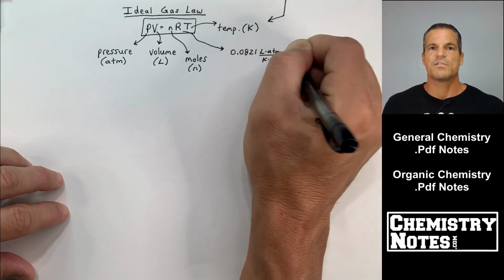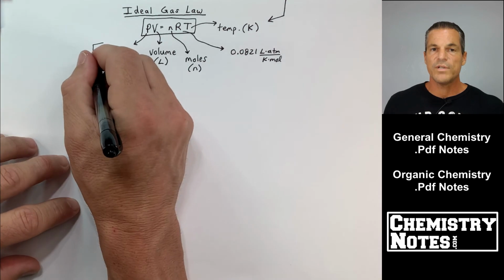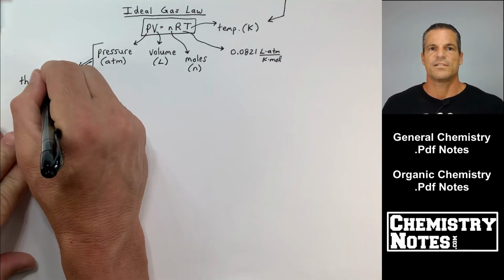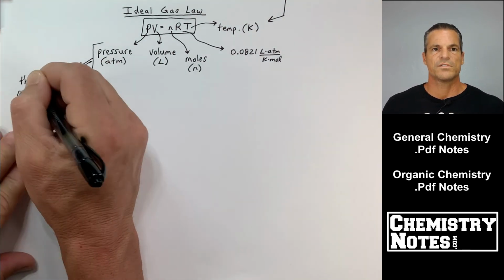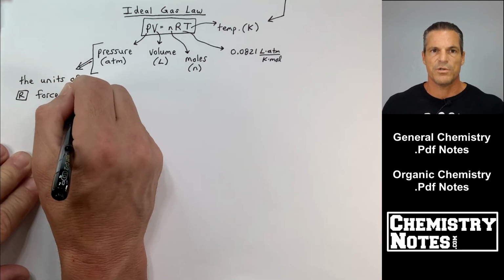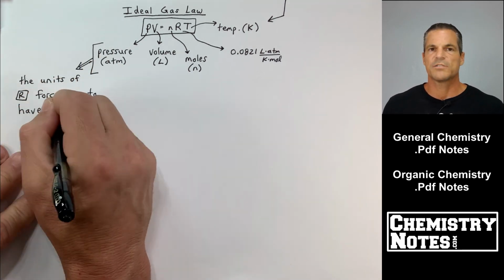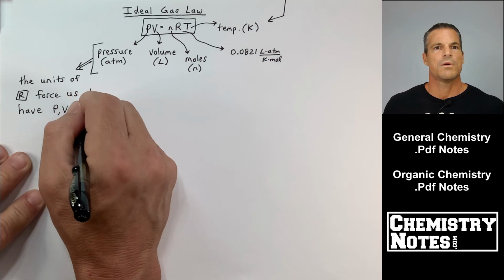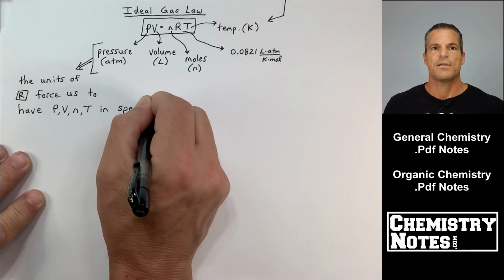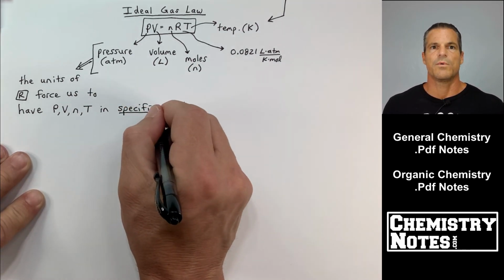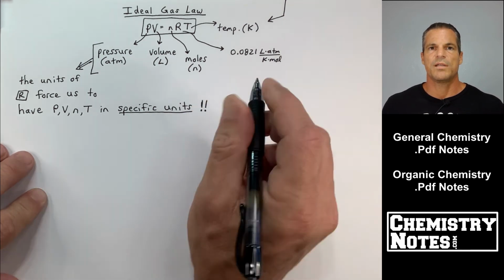So the liter atmospheres per Kelvin per mole unit, for the first time, forces everybody to have specific units required. Pressure must be in atmospheres. Volume must be in liters. N is pretty much always in moles anyway. And the temperature must be in Kelvin.